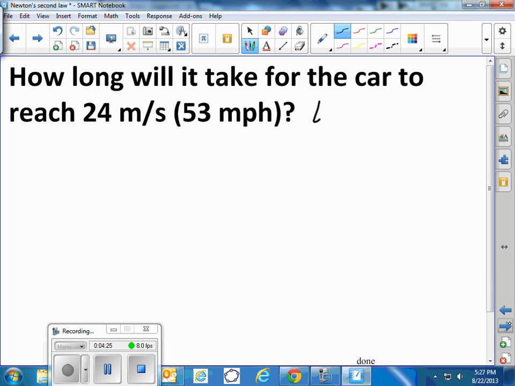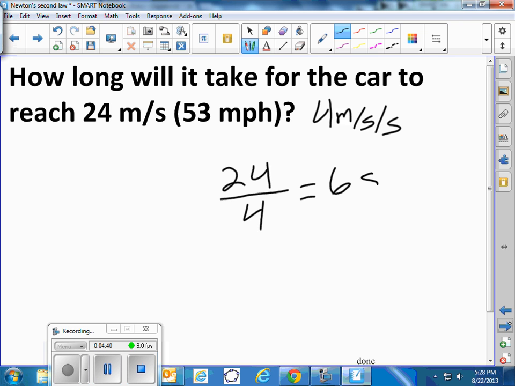At 4 meters per second every second, how long will it take for the car to reach 24 meters per second? You're going to reach 24 at 4 every second, so it's going to take you 6 seconds.